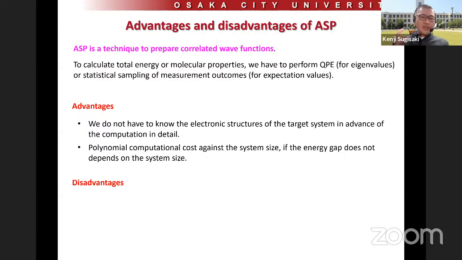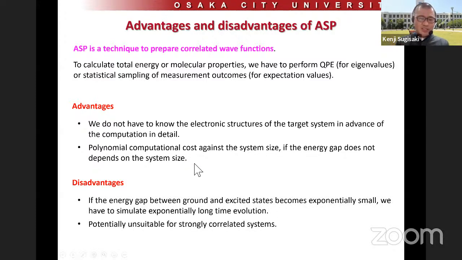And also, ASP needs polynomial computation cost against the system size. But this is satisfied only if the energy gap doesn't depend on the system size. In other words, this is a disadvantage. I mean, if the energy gap between the ground and excited state becomes exponentially small, in this case, we have to simulate exponentially long time evolution.